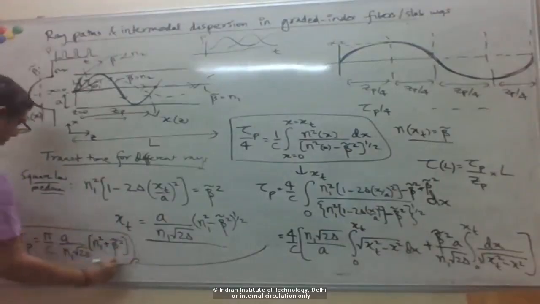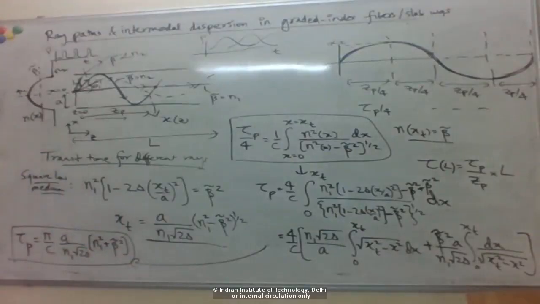So we get an expression for the time taken to cover one period, in terms of the parameters of the medium. So n1 is the maximum index at the center. Beta tilde, for a particular ray, is determined by the launch angle and the launch distance.